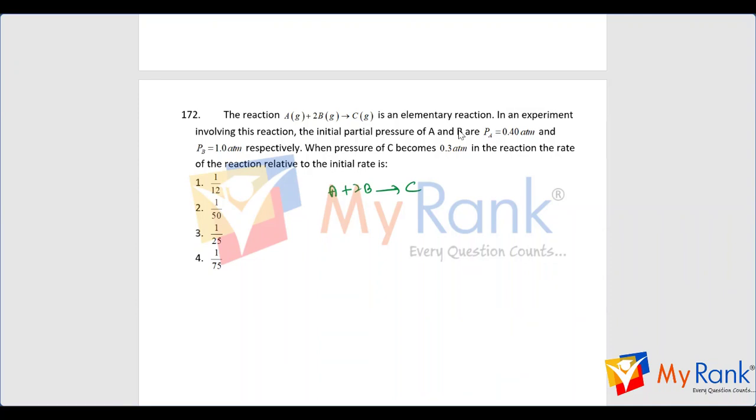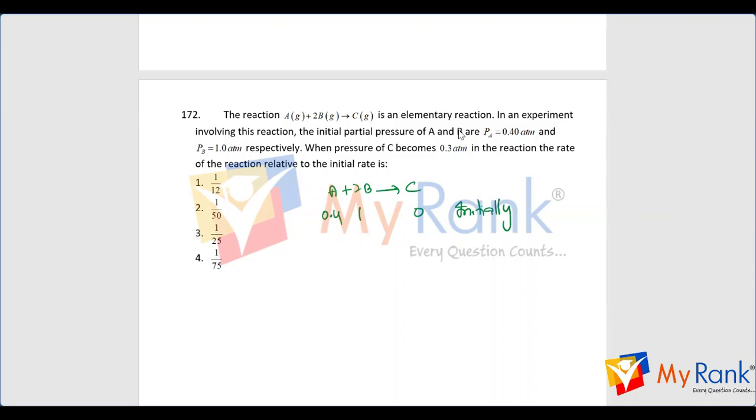The reaction is A plus 2B gives C, an elementary reaction. The initial partial pressure of A is 0.4, B is 1, and C is 0 initially.